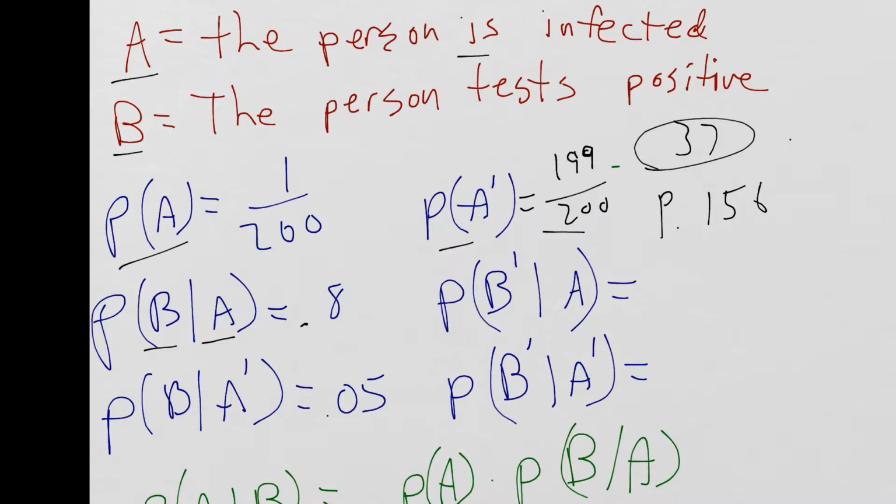When a person actually has the virus, they're going to test positive 80% of the time. So, what if they have the virus, right, but they don't test positive? Well, that would be the complement of this one. So 0.2, excuse me. Now, we don't need this answer over here for part A, but we're going to need it for part B. So I'm just going to go ahead and put it in there now.